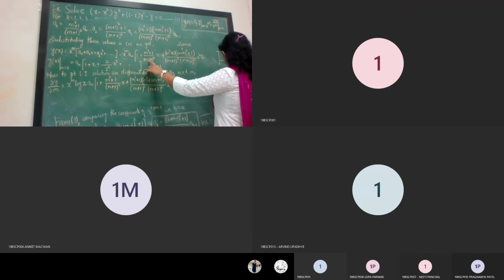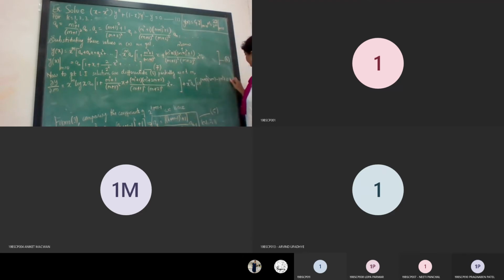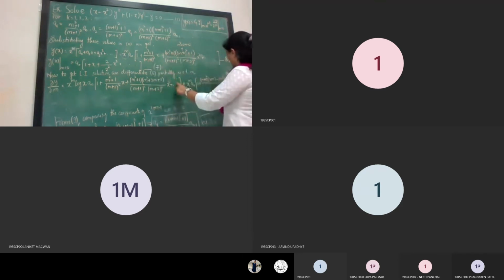Please, I am writing this term over here, 2 times (m plus 1) into the derivative of m plus 1, that is 1, upon (m plus 1) whole square and its square, so it is to the power 4.